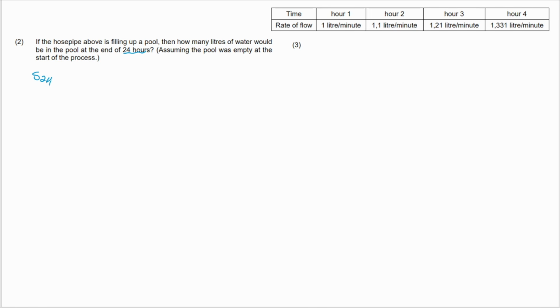For a geometric pattern, the general formula for the sum of n terms is A times r to the n minus 1, over r minus 1. To work out the sum of the first 24 terms, we say 1.1 to the power of 24 minus 1 over 1.1 minus 1. Super easy.